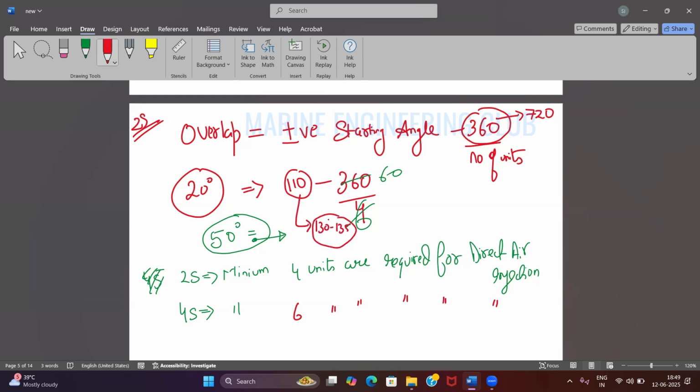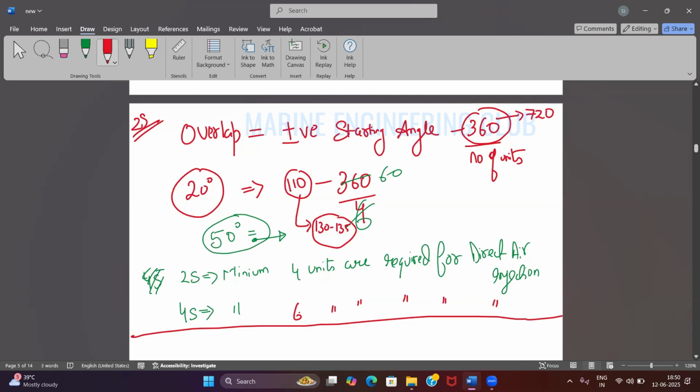If you calculate, you will be able to understand how much your overlap will be. Is it clear? So that is why if a generator has less than 6 units, you might have seen 4 units, 3 units, 5 units generators, those generators can never be direct air injection.